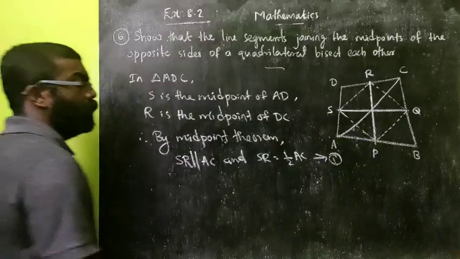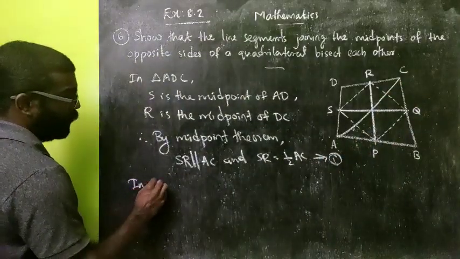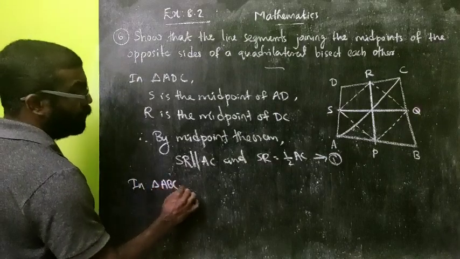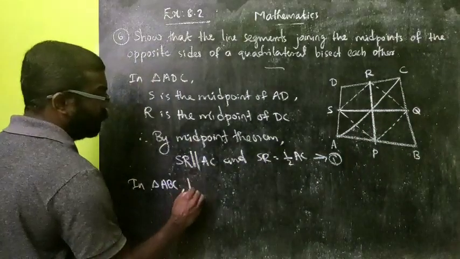Now we can take the triangle ABC. So in triangle ABC, P is the midpoint of AB, Q is the midpoint of BC.